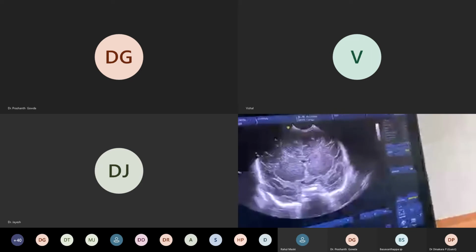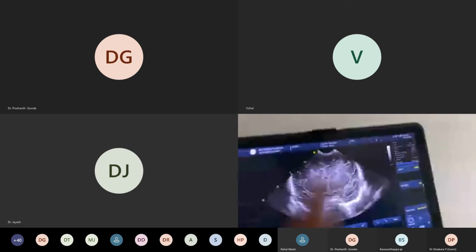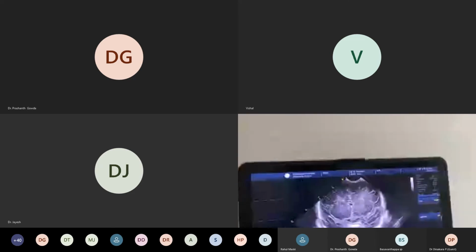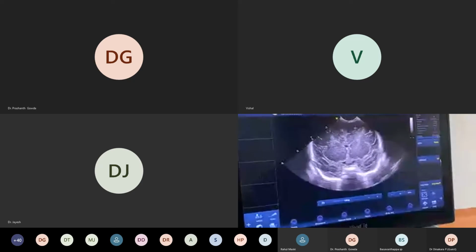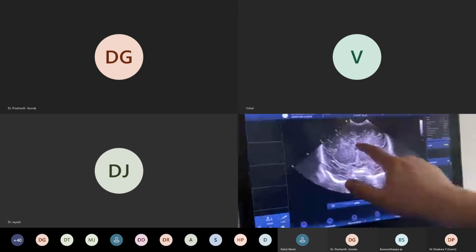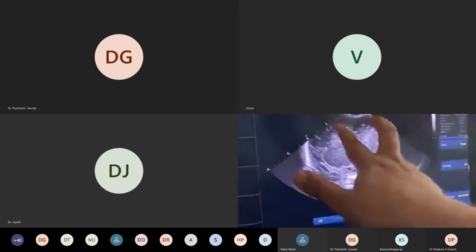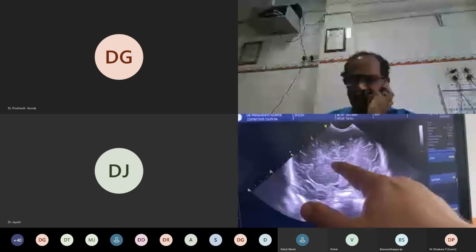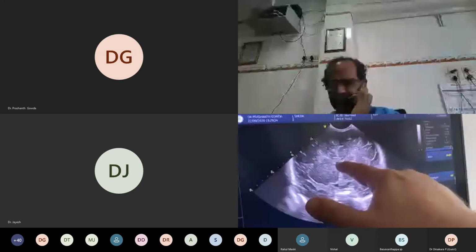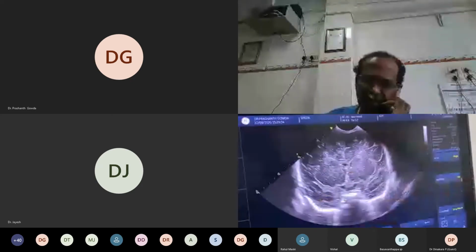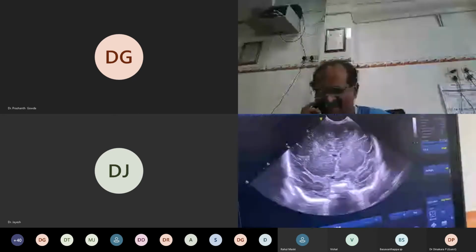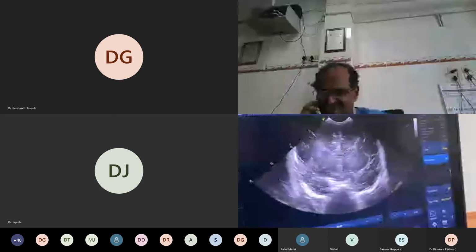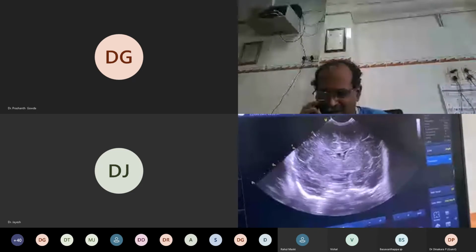Anyway, what we were telling: frontal lobe, interhemispheric fissure, two small slits you can see. In the center you can see a big one. You may have a doubt whether it is any venous malformation or anything, but especially with cavum septum pellucidum.